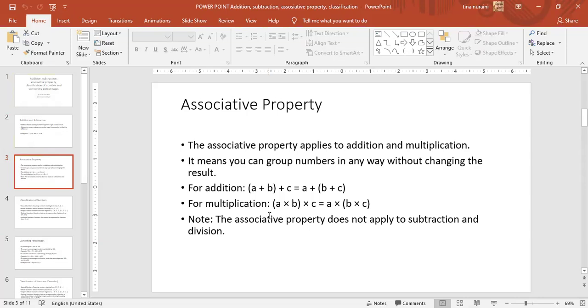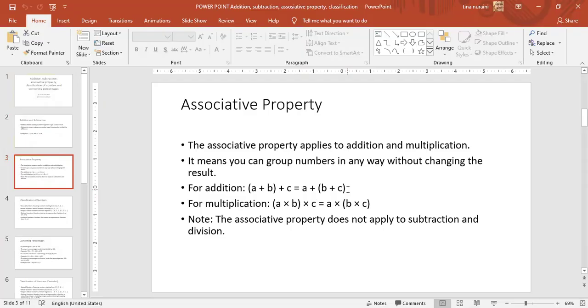That means for addition, if you put the a first, then you can put the b and c together.